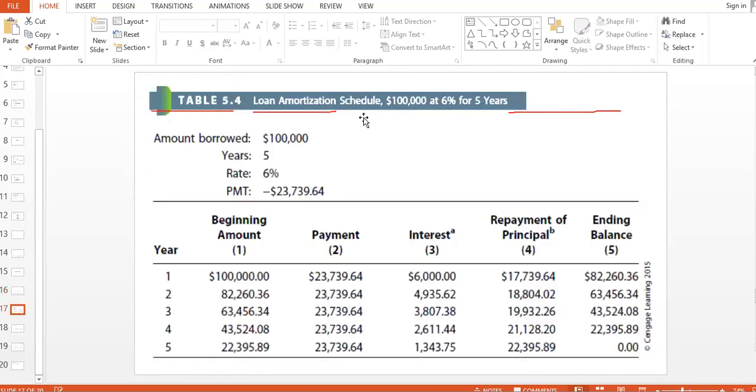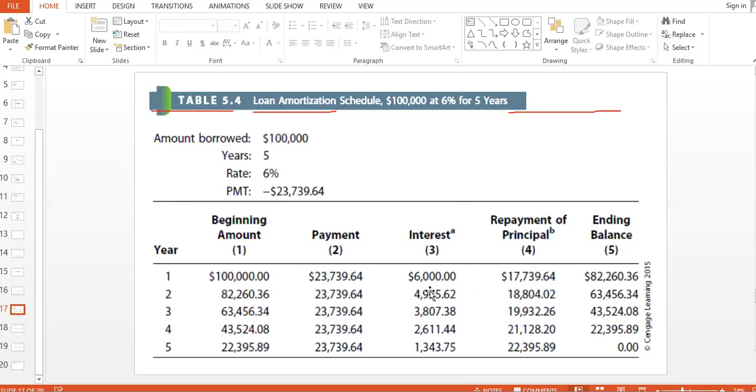Here, this is the loan amortization schedule, and you can see that, first of all, payments are fixed each time period, each month or each year. The payment is fixed, and this payment includes two things: the interest and the repayment of principal. And here you can see the other thing, that the interest is highest in the beginning years, and the repayment of principal is lower.